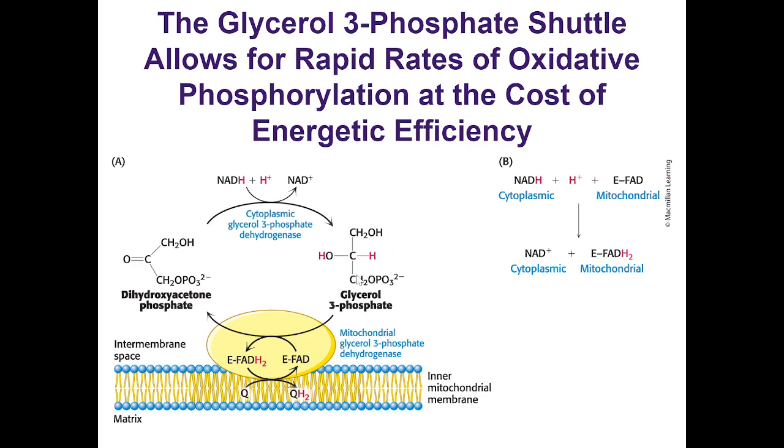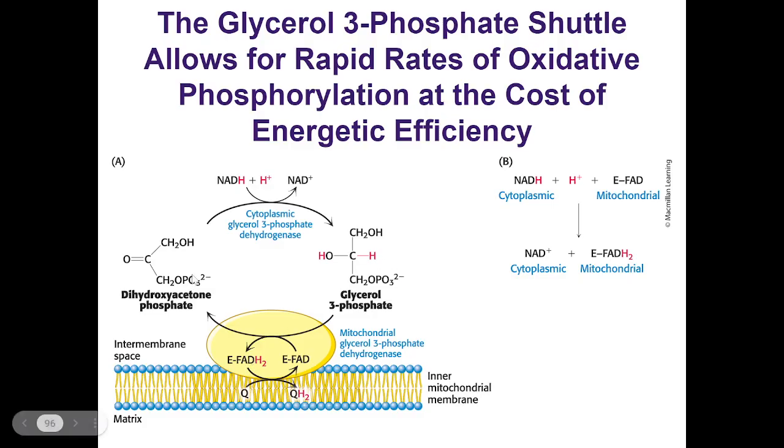This right here is going to give you the glycerol 3-phosphate. This glycerol 3-phosphate is going to come here onto the mitochondrial glycerol 3-phosphate dehydrogenase. Again, this is the one that will be in the intermembrane space. This is going to have the enzyme-bound FAD, the prosthetic group, collect that electron density.